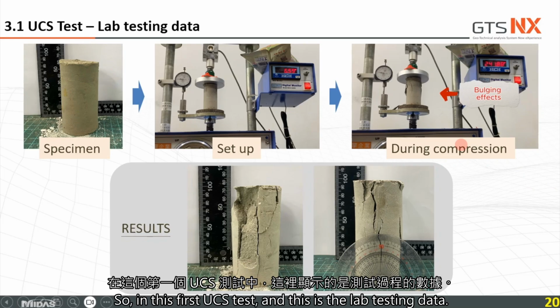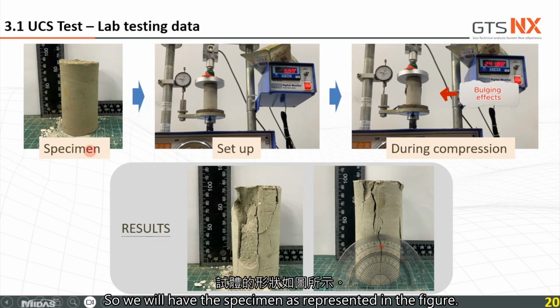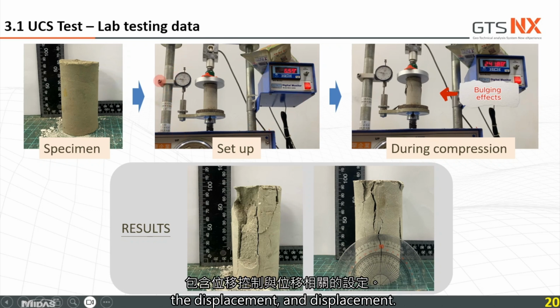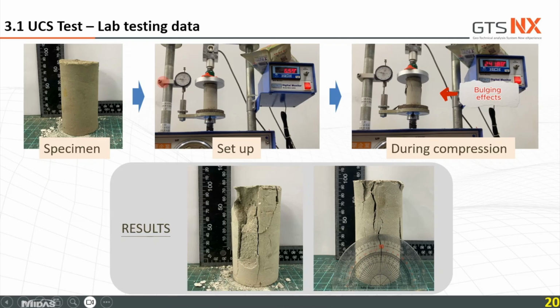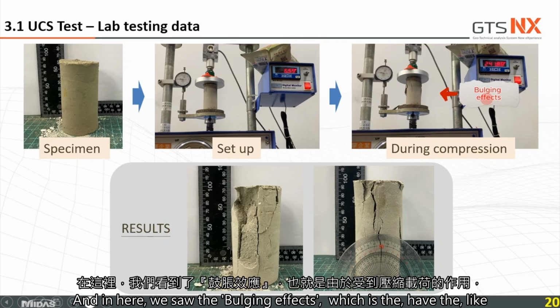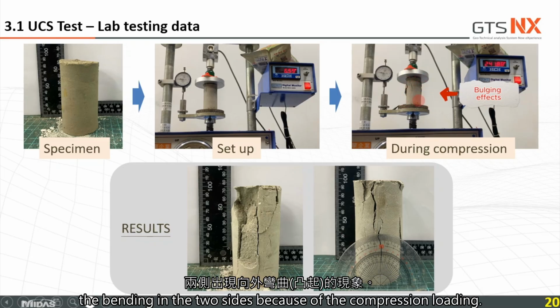In this first UCS test, this is the lab testing data. We have the specimen as represented in the figure, and then we put it in the machine to set up the loading and displacement. During the compression, we see the bulging effects, which is the bending on the two sides because of the compression loading.